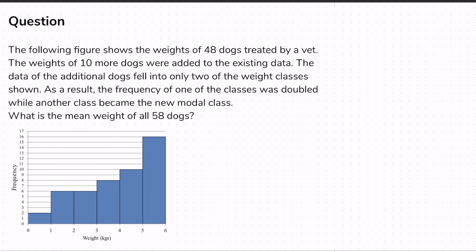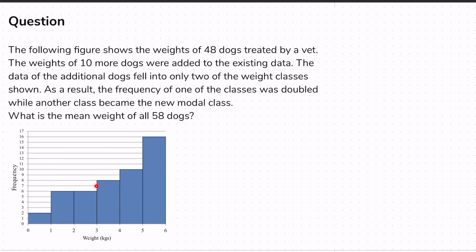So for example, if I were to double this class here between 4 and 5, it would go from 10 to 20. Now, it would satisfy both of these requirements, right? It would double and it would become the new modal class, but it's not fitting into two different weight classes. So I'm not doubling this one here.